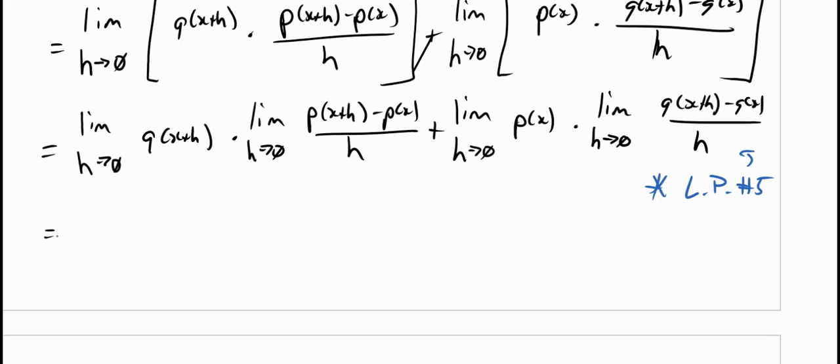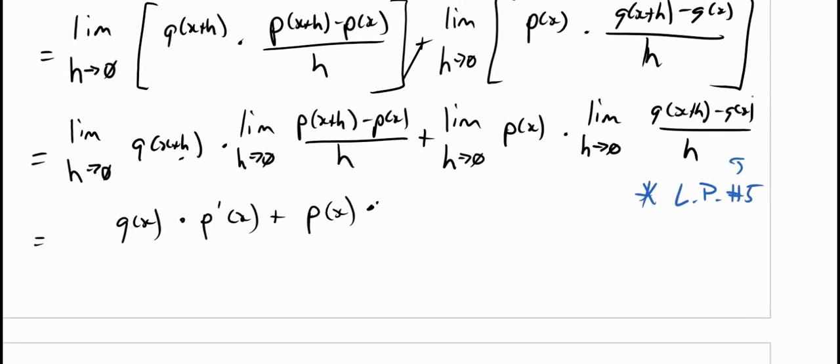So, if I sub in 0, this h goes away, and I just get q at x. And what is this? This is the derivative of p, plus p at x times, what is this?